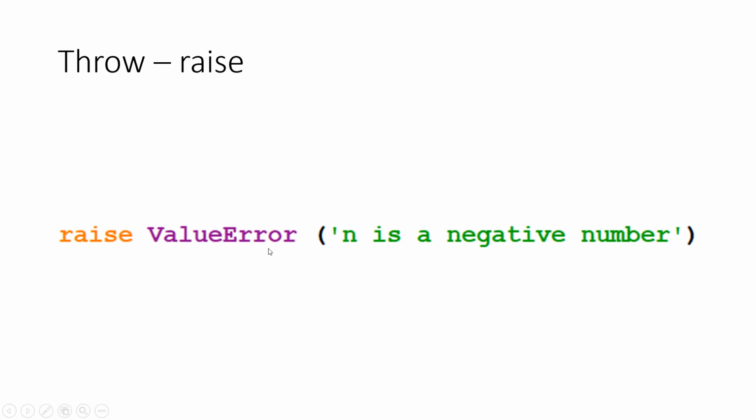So it's a ValueError, as we know from the previous slide. Within brackets, we can specify the remarks, the comment about this exception. So we can say that n is a negative number. When the error is thrown, it will show on the screen: n is a negative number. It's a ValueError.